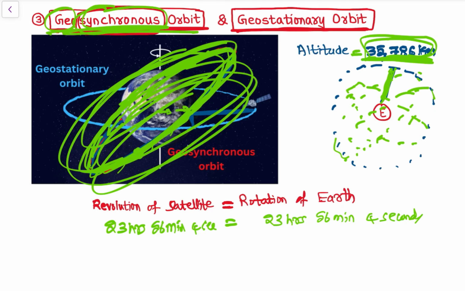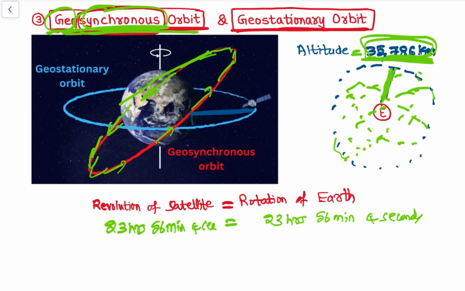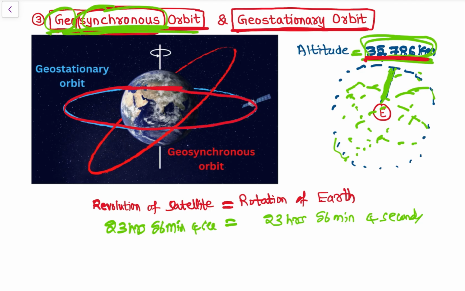But the orbit which is parallel to the 0 degree, parallel to the equator, at a height of 35,786 kilometers, is the geostationary orbit. It is over the equator and will revolve only over the equator. So that is geostationary orbit.